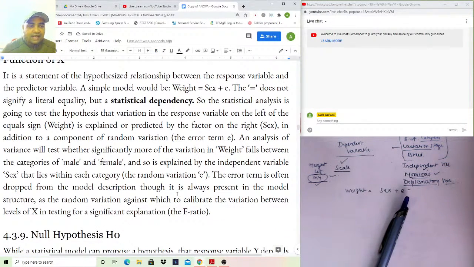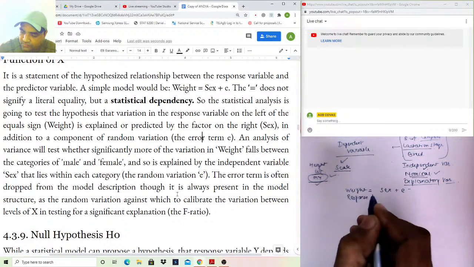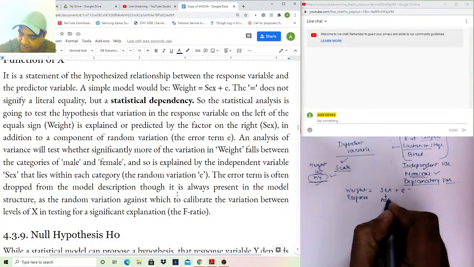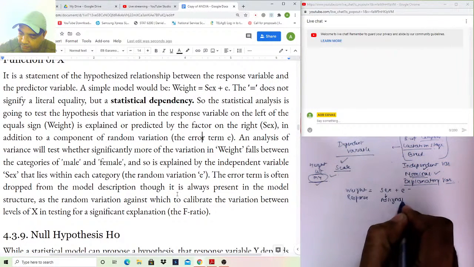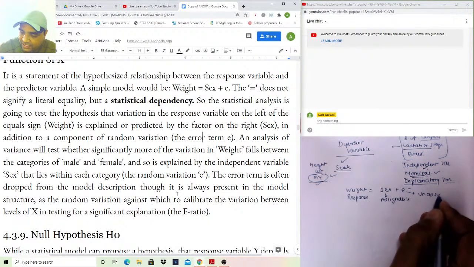So the statistical analysis is going to test the hypothesis that the variation in the response variable on the left side of the equal sign, that is weight, is explained or predicted by the factor on the right side, that is sex, in addition to a component of random variation, the error term. As we have already told you, this is your response, these are your assignable causes, and these are your unassignable causes, which you cannot find out.